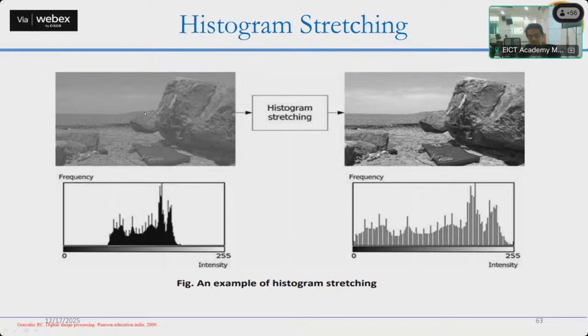Again, you can see one scene near the seashore. The one person who is climbing up on the rock is very, very clearly visible. Here you can see the histogram pattern: on the left-hand side it is in the middle, and here it is spread out.